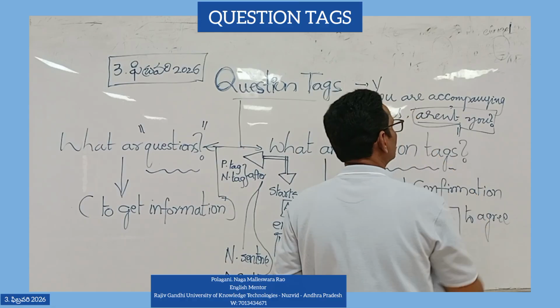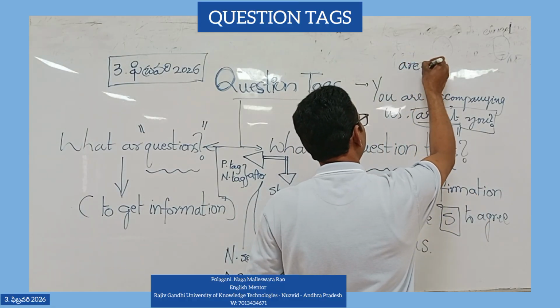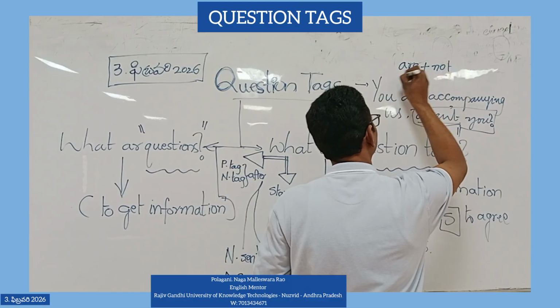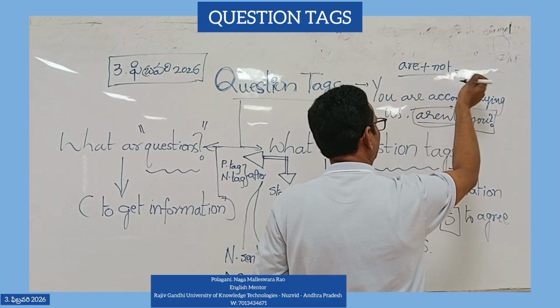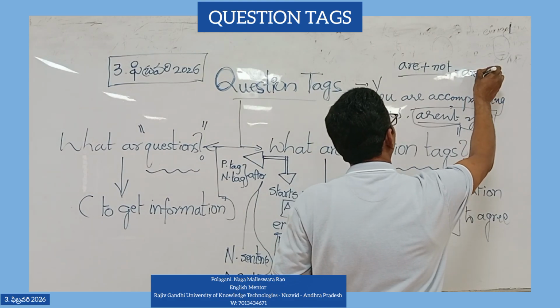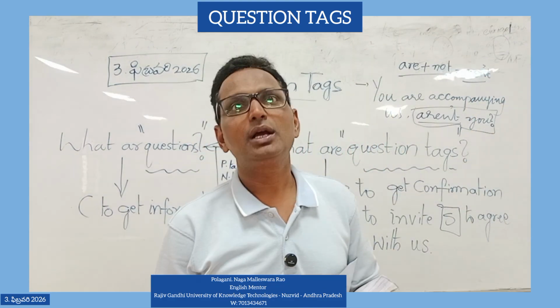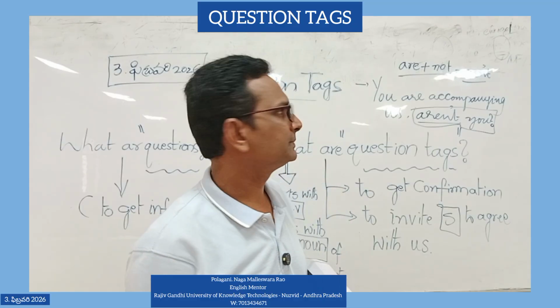It's a short one. Aren't you? Aren't actually has come from ARE plus NOT. When these two are clubbed or combined, we will have ARE and apostrophe. Aren't.